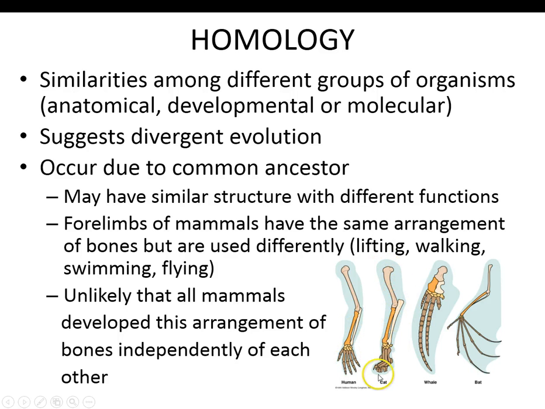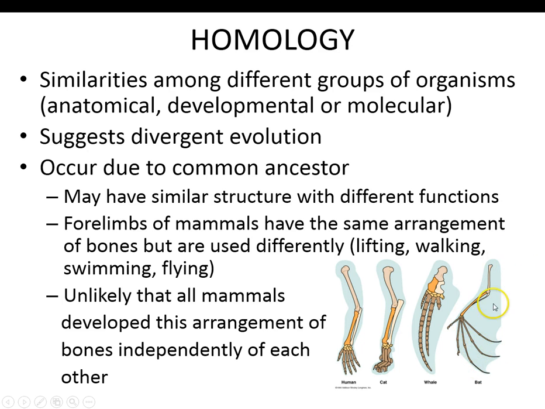A similar but slightly different structure in cats, especially when we look at the wrist and the hands or paws. So their forelimbs are used primarily for bearing weight when they walk around. Whale fins are primarily used for swimming, and bat wings are primarily used for flying.